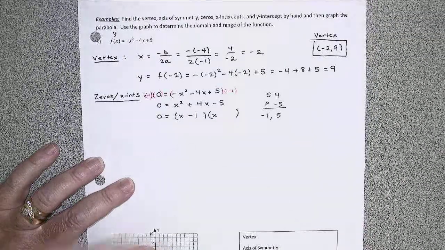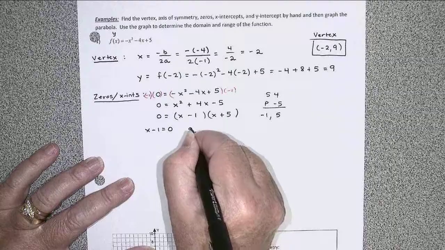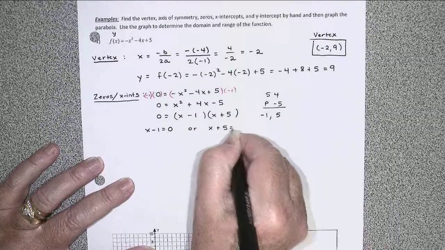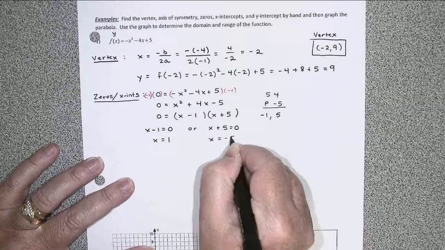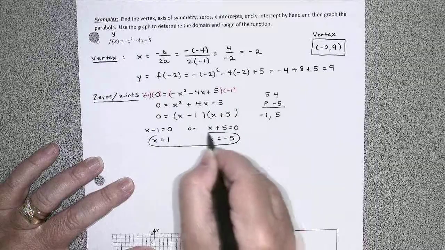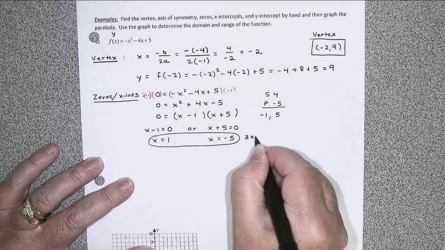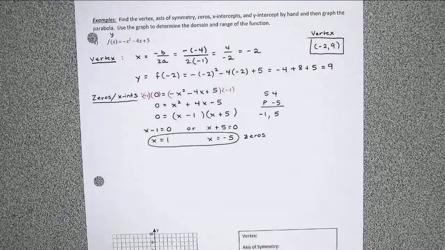So x minus 1, x plus 5. That means x minus 1 equals 0, or x plus 5 equals 0, x equals 1, and x equals negative 5. Those will be my zeros. Of course, that means the x-intercepts, those are the x values for them. They'd have a y component of 0. I'll go ahead and list those again when we get to the chart down here at the bottom.